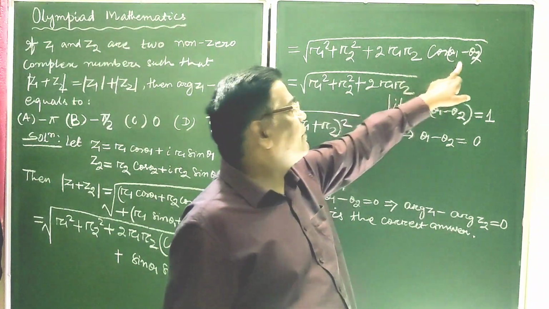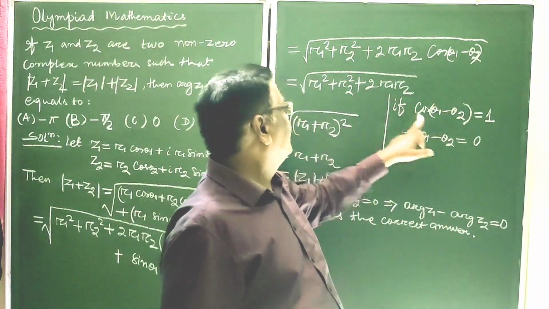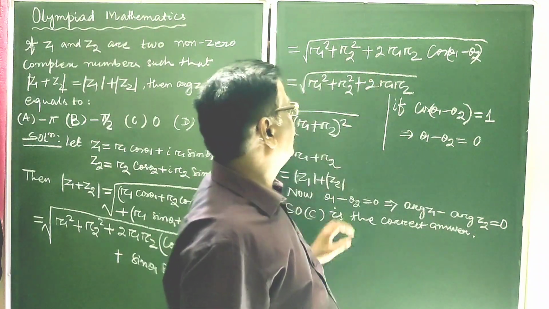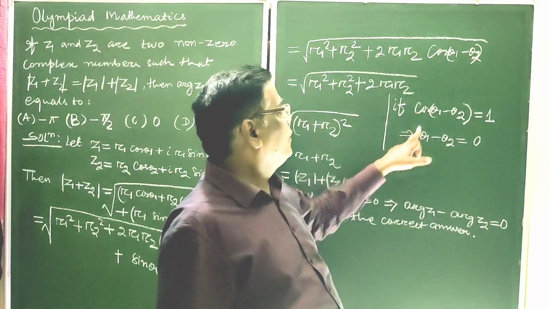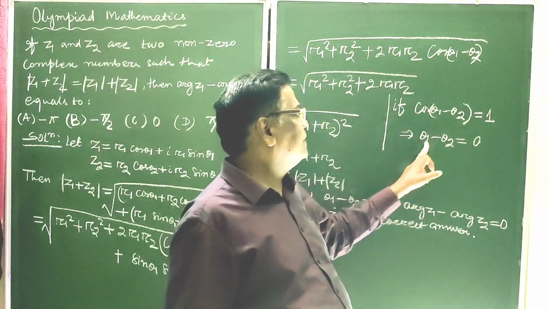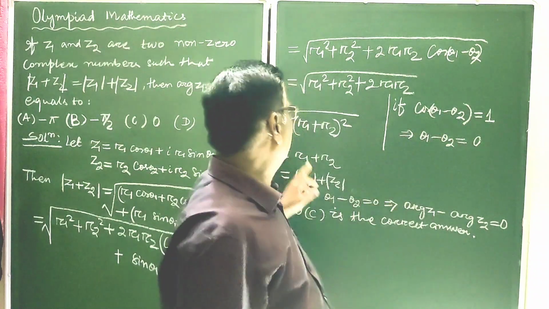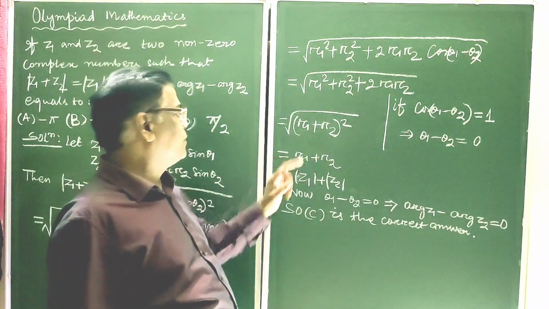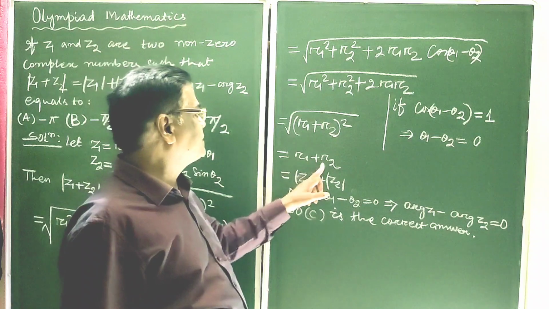If cos theta 1 minus theta 2 will be 1, then this expression will be equal to this expression. That means, we know cos 0 is equal to 1, so theta 1 minus theta 2 is equal to 0. In that case, this one will be the square root of R1 plus R2 whole square, which is R1 plus R2.